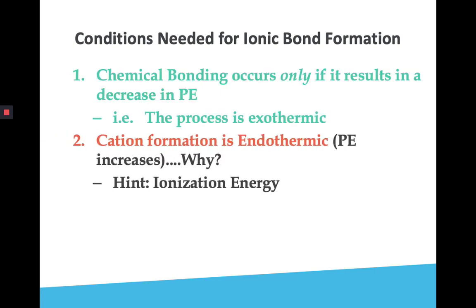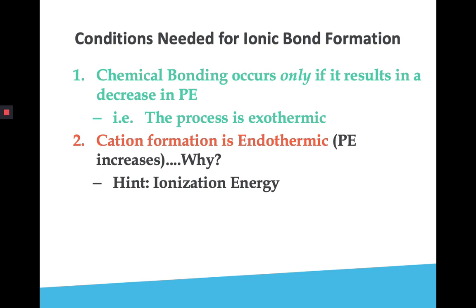Cation formation, when a metal forms a cation, you remove an electron. So in order to remove that electron, you must apply energy to it. You must, for example, heat it until it becomes vaporized, until it forms a cation. So the process is endothermic, meaning you supply energy to the atom, to the metal.